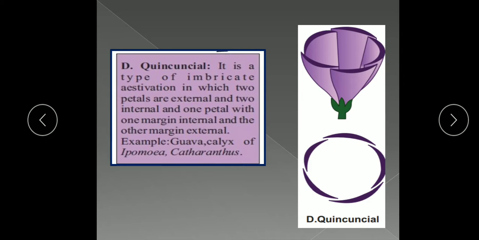In that manner, this one shows one margin internal and another margin external. This type of arrangement is known as the quincuncial arrangement, and this is seen in guava, calyx of Ipomoea, and Catharanthus. Next we will see vexillary.